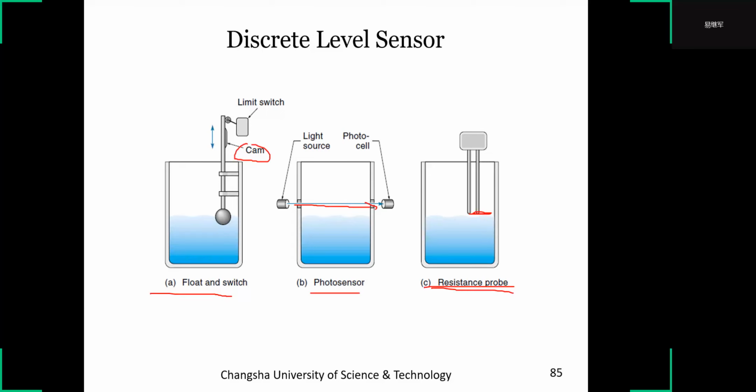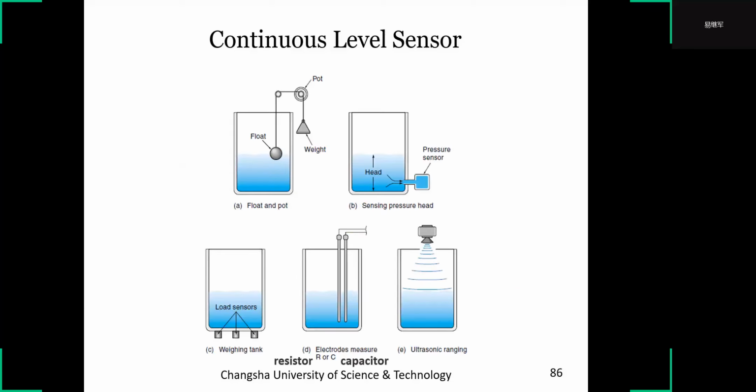Next, this is a continuous level sensor. The float becomes higher following the level, so the pot changes its resistance with the rotation.